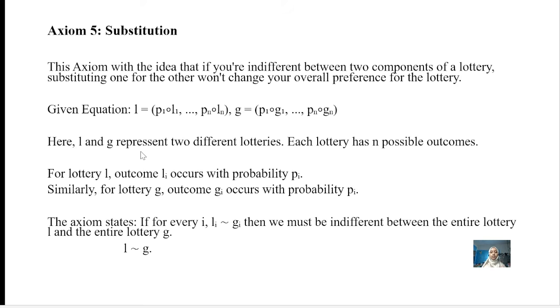Here L and G represent two different lotteries. Each lottery has n possible outcomes. For lottery L, outcome Li occurs with probability Pi. Similarly for lottery G, outcome Gi occurs with probability Pi, and if for every i Li is indifferent to Gi, then we must be indifferent between the entire lottery L and the entire lottery G.